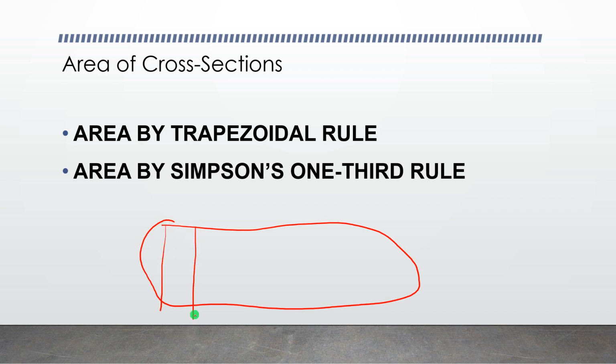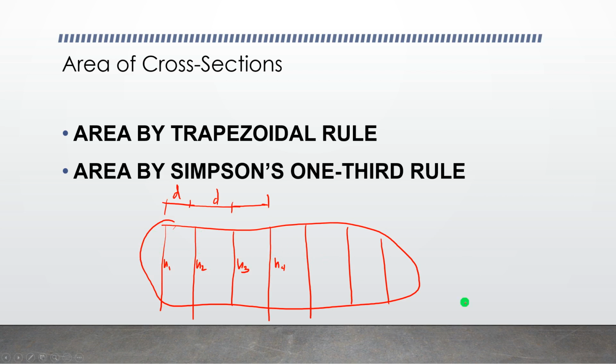So we have here equidistant strips, dividing that with the same distance, and through that we compute the total area by first determining the heights at each point: h1, h2, h3, h4, and so on.